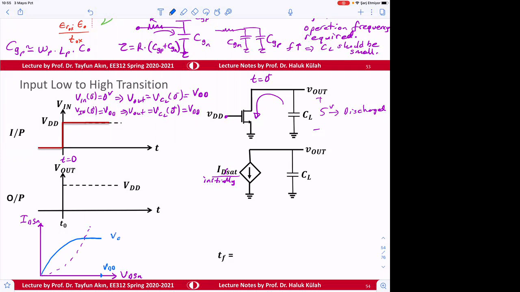This is the graph when VDD, V gate to source of N is equal to 5 volt. This is the graph where V drain to source of N is equal to V gate to source of N minus V threshold of N. V gate to source of N is equal to 5 volt. Why? Because this is 5 volt, V gate to source of N. So then we can determine this point.